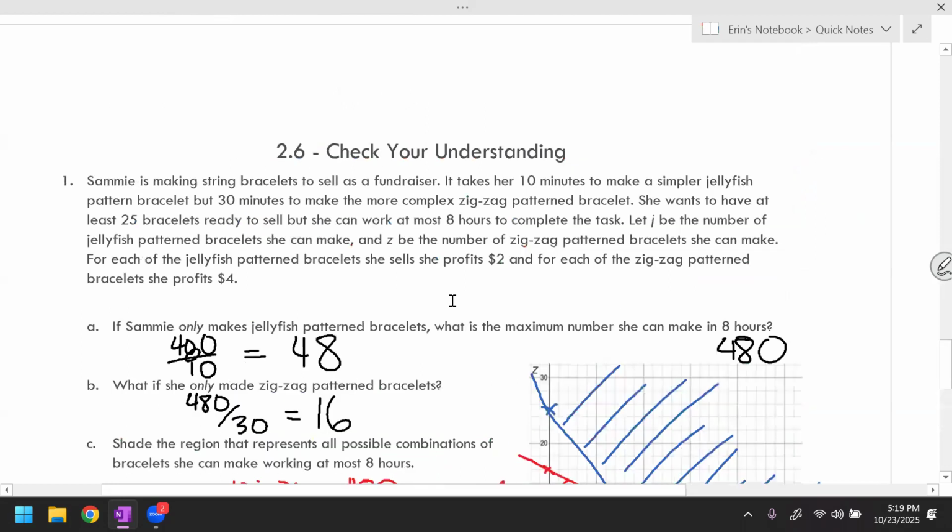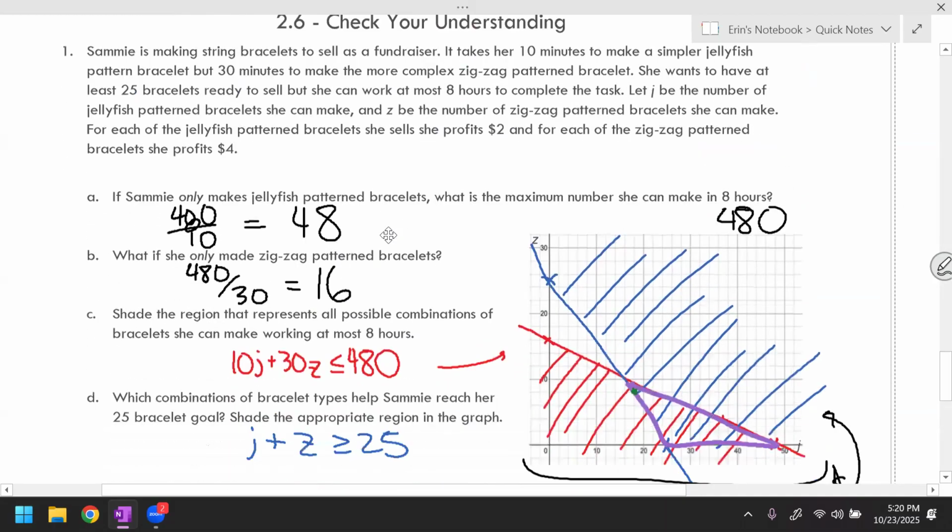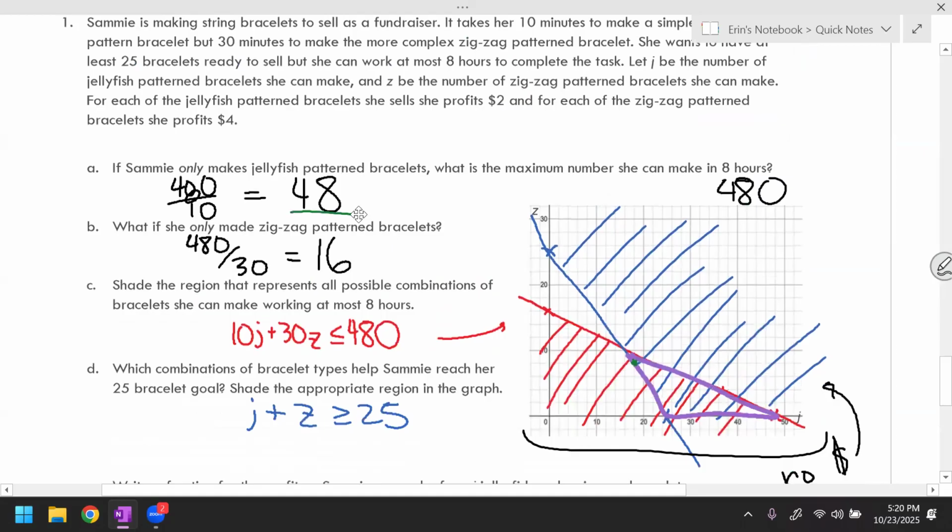A jellyfish bracelet takes 10 minutes to make and earns her $2. The zigzag ones take 3 times as long to make, but they don't make her 3 times as much money. They only make her twice as much money. It's more efficient to just make as many jellyfish bracelets as she can. She should just make jellyfish bracelets. It's the best use of her time.